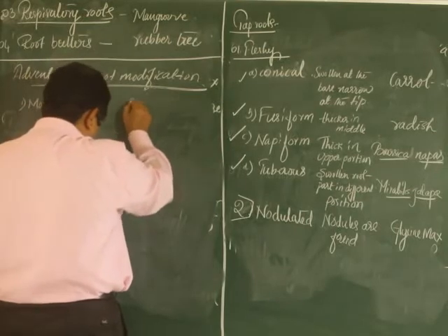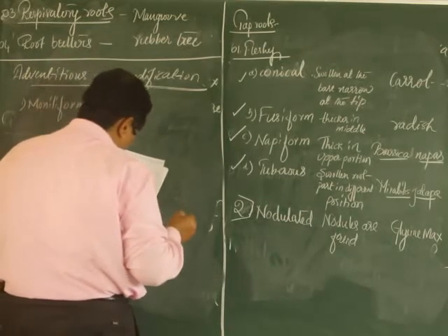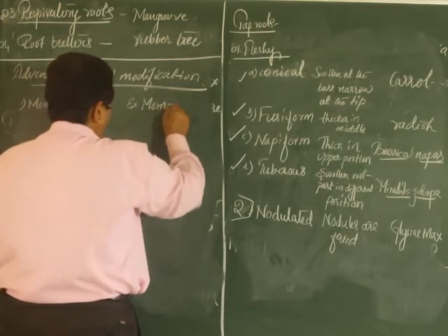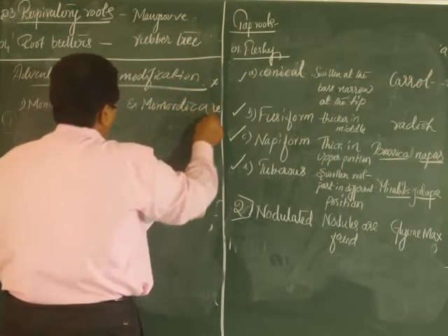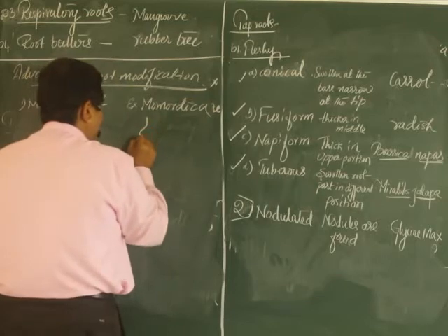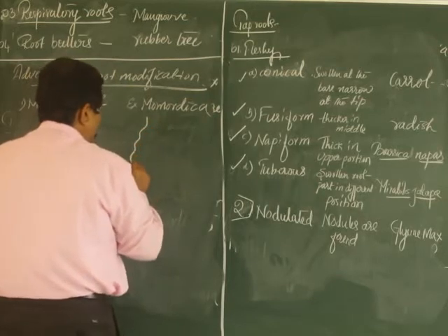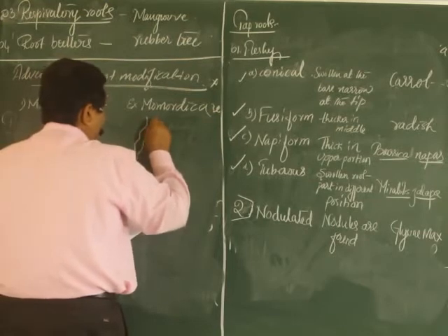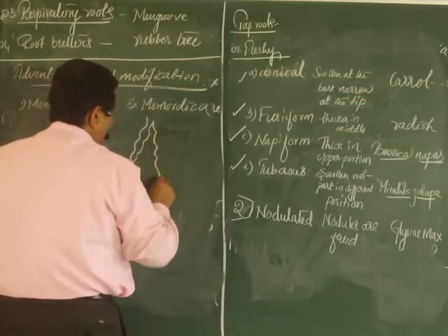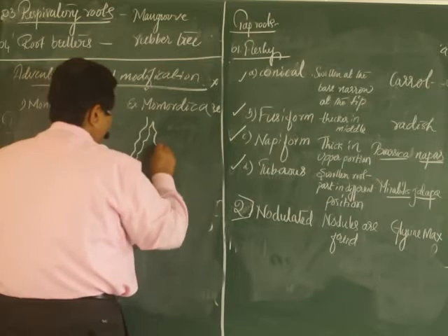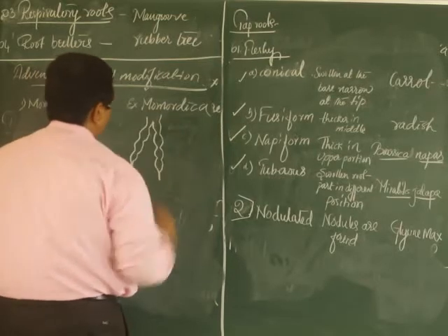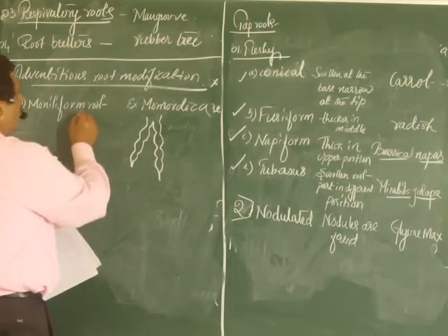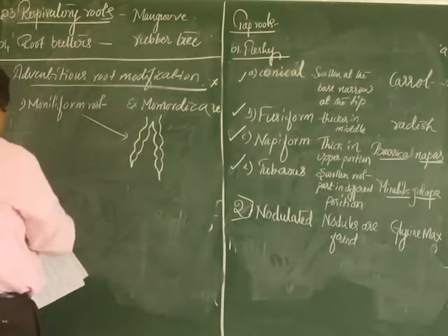It is found in Momordica. It will be like this. The roots are swollen at regular intervals. If the roots are like this, then such roots are called moniliform roots.